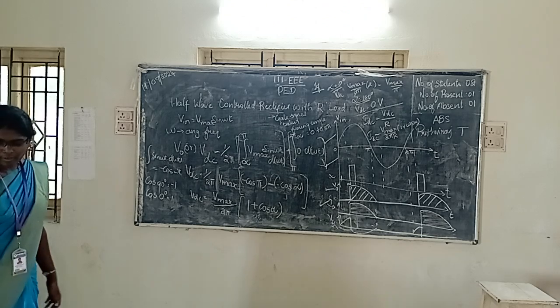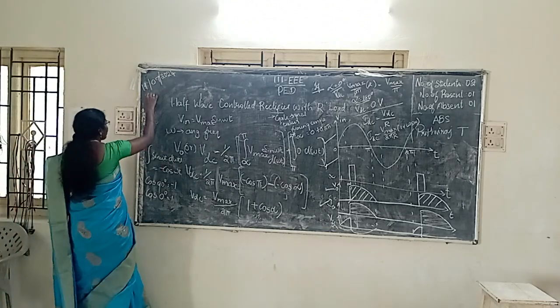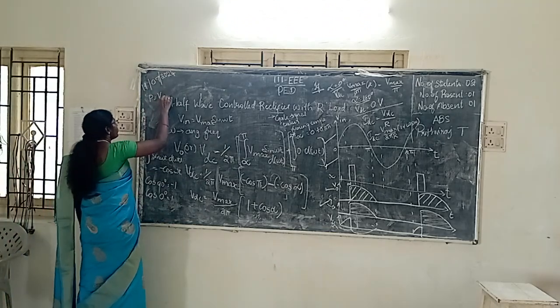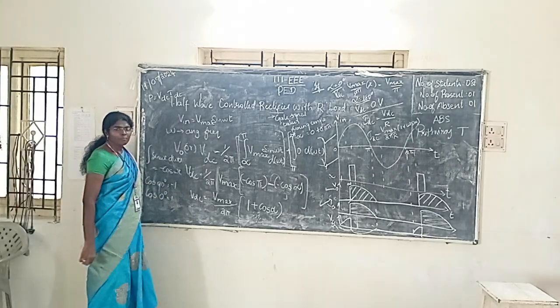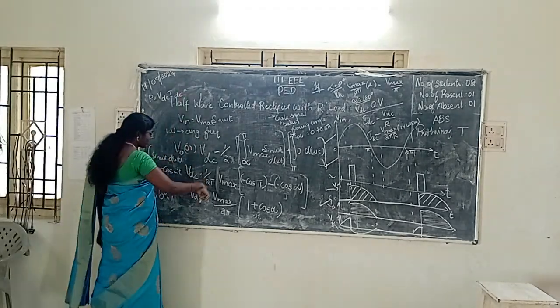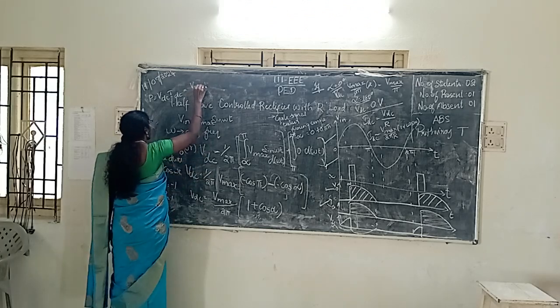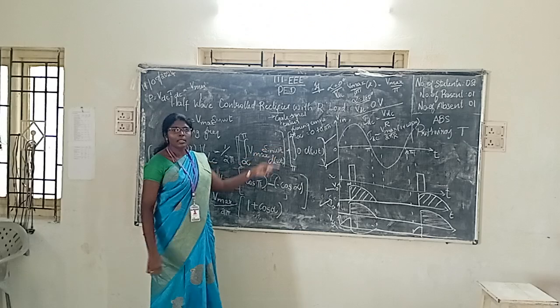Okay. So if I need to find out the power, what will we do? P is equal to VDC into IDC. Power P equal to V into I only. What is VDC here? V max by 2 pi into 1 plus cos alpha. In IDC also there is a V max. We are going to multiply these two, right?